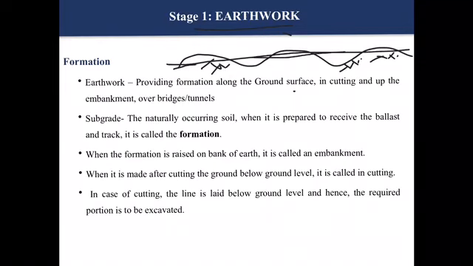On the formation, this prepared ground surface will be ready to take the further railway track components. Now this formation can be on level ground or it can also be in a cutting.